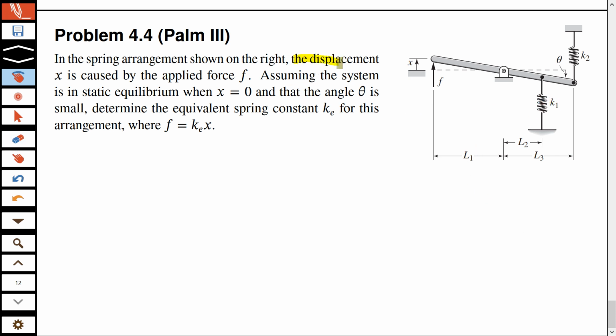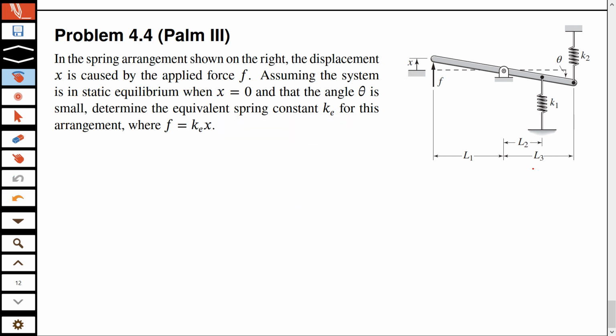The displacement x, this displacement of this end, is caused by the applied force F. Okay? And remember, there is no spring here, no spring. Springs are only to the right. Okay. And assuming the system is in static equilibrium when x is equal to 0. That's just another way of saying that we are measuring x away from the equilibrium.